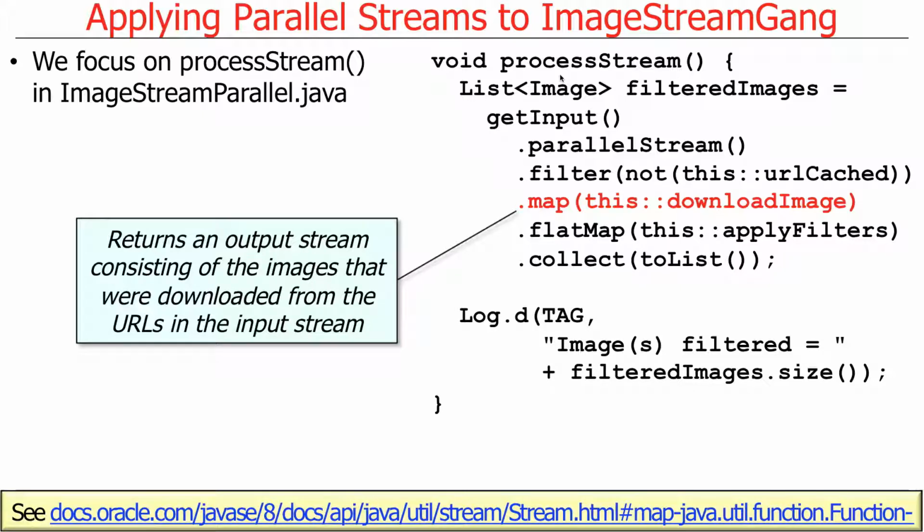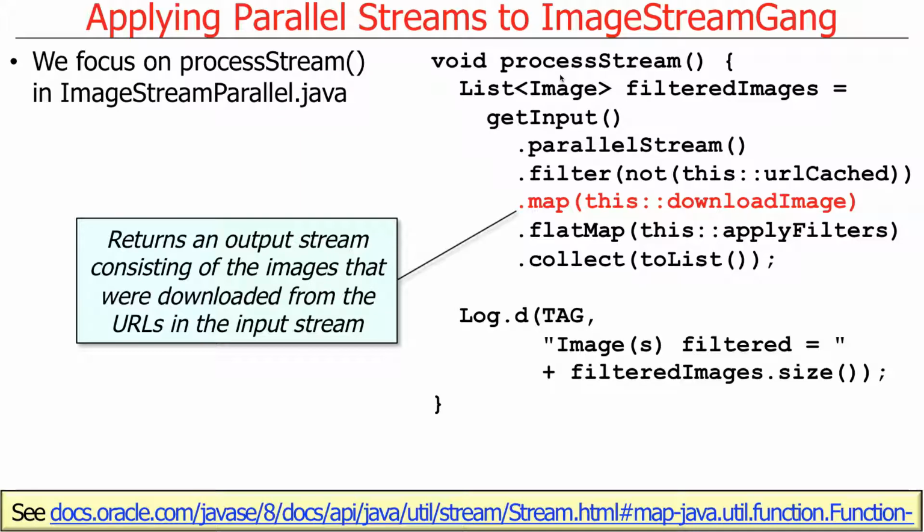So some of the stuff will run in background threads in the pool, but other stuff will run in the UI thread. So you'll get abysmal performance and probably get application not responding errors. So when you use parallel streams in Android, you typically have to create a separate background thread to run the parallel stream. And that way it doesn't include the UI thread in the pool of threads. Just a little quirk that is important to understand if you're trying to use this in Android.